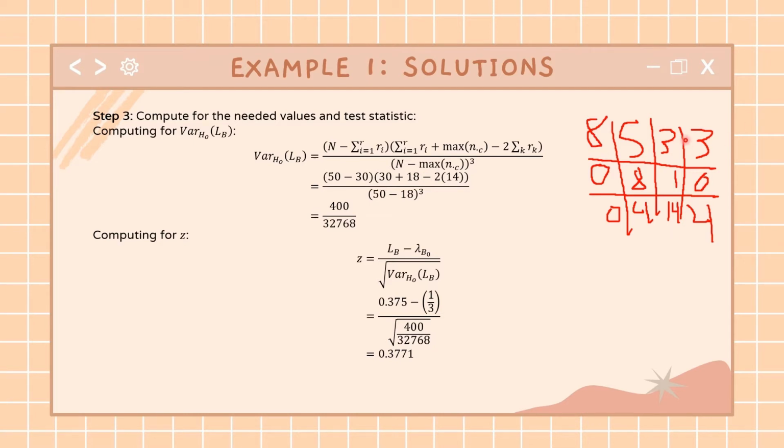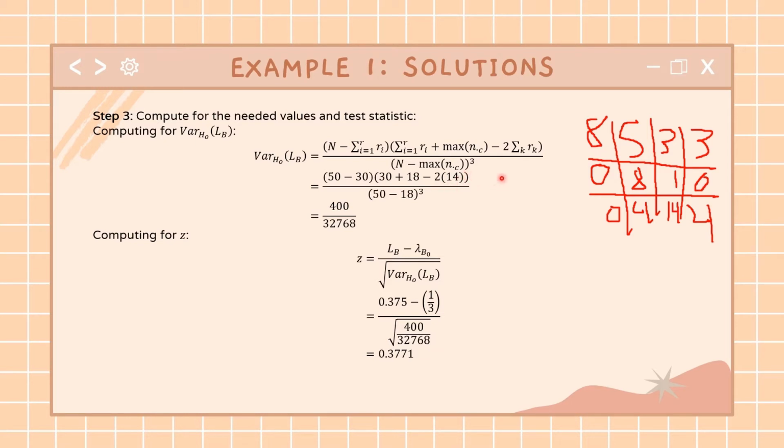So, in this case, titingin tayo dito sa row na to, itong 3, 1, 14, then yung 3, kung maximum ba siya sa first row, hindi siya maximum. 1, maximum, ito ba ito pinakamalaki dito sa row 2? Hindi rin. 14, ito ba yung pinakamalaki dito sa third row? Oo. So, ang magiging values lang ng R sub k natin ay 14 lang, which is seen here.